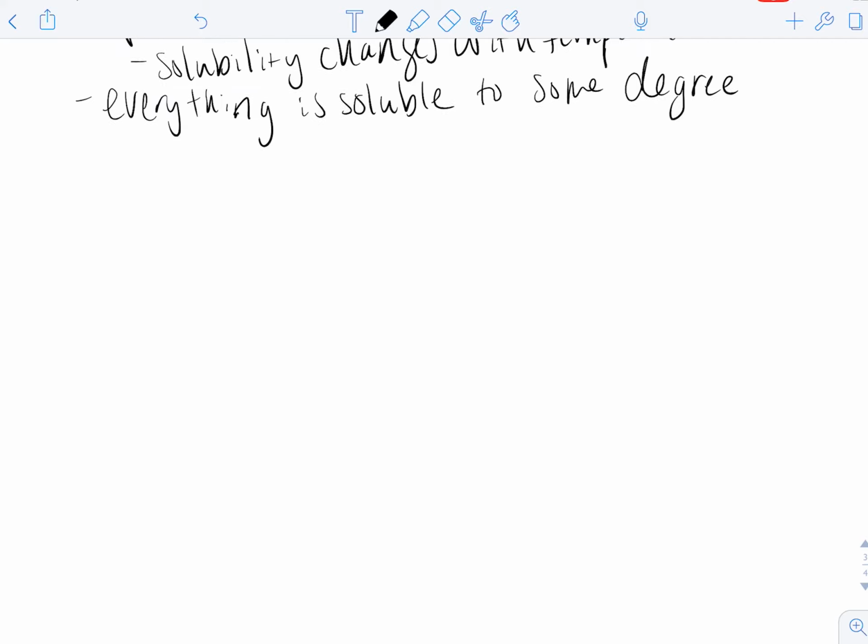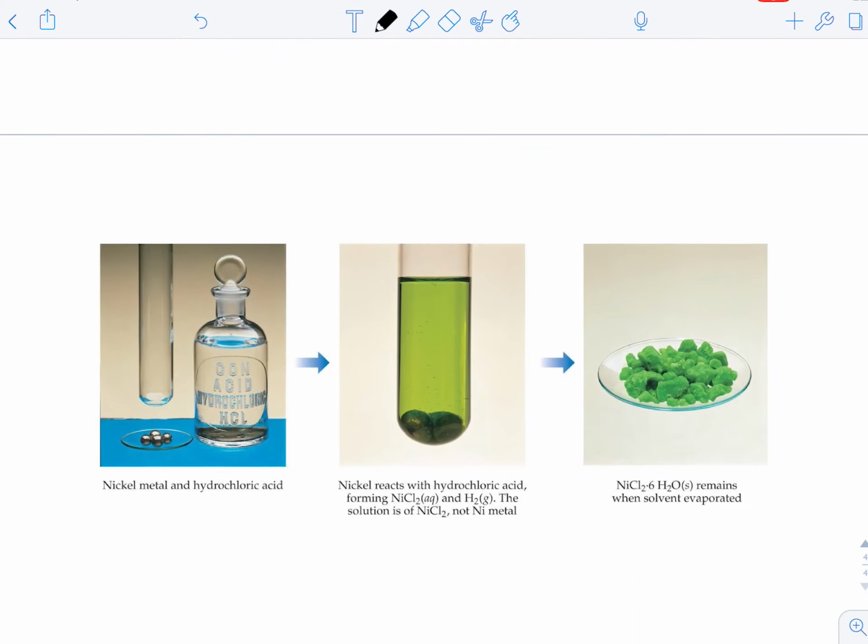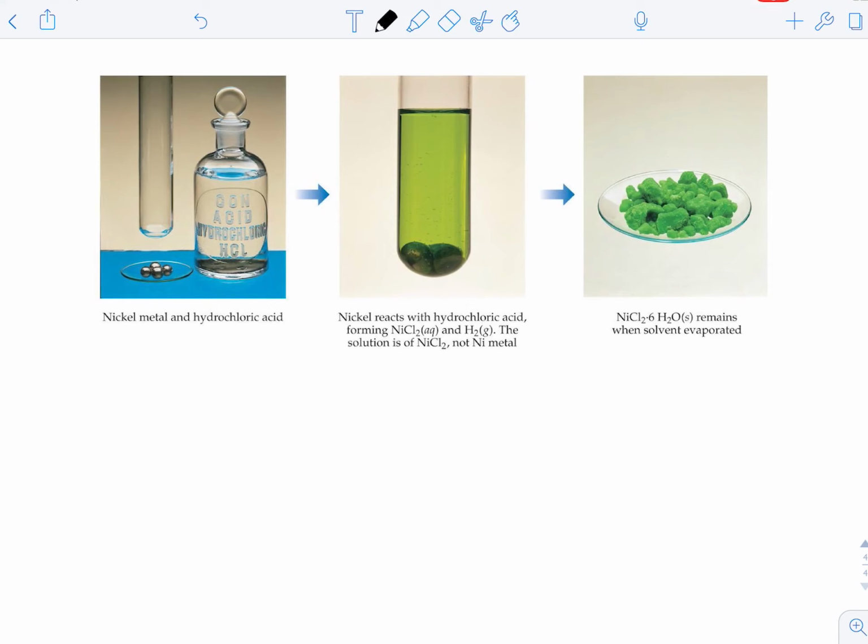When we're looking at solubility, we can compare it to a reaction. This picture right here depicts a reaction. We add nickel metal to hydrochloric acid. Nickel reacts with the hydrochloric acid, and when it does, we produce nickel chloride and hydrogen gas. There's generally an associated color change that is not associated with either the color of the solute or solvent.